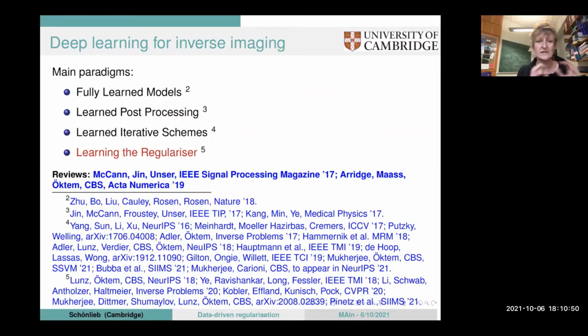In a way, this is intertwining the two things, the inversion and the learning, in terms of learned iterative schemes. Very roughly speaking, you have a variational model, you write down explicit gradient descent for minimizing your functional, and then you put neural networks in the gradient descent steps. So you don't just take the gradient of your starting energy, but you add degrees of freedom there to the regularization, for instance, and so on.